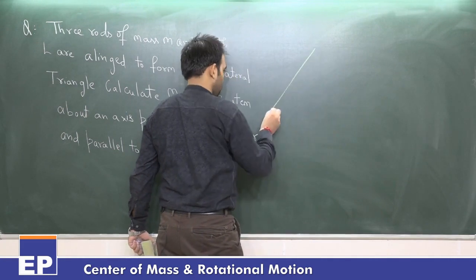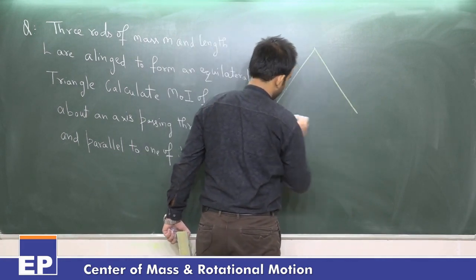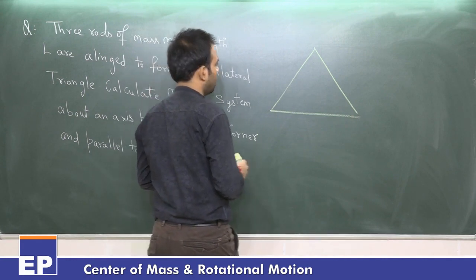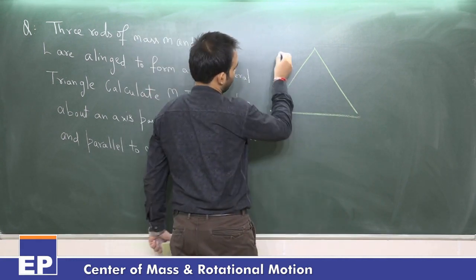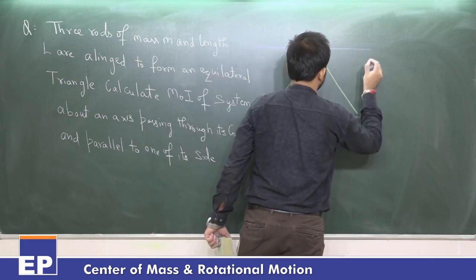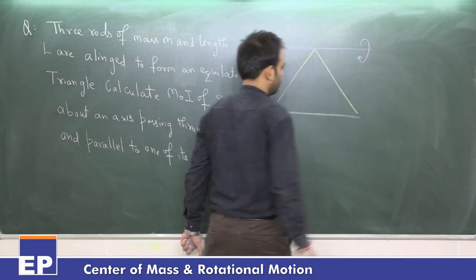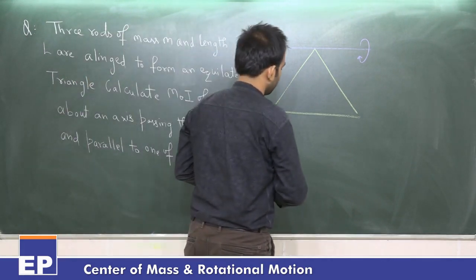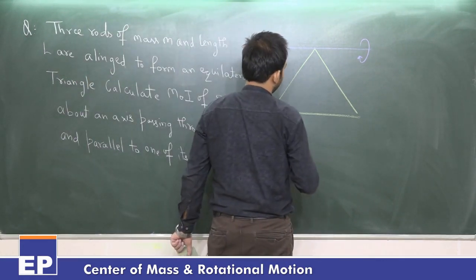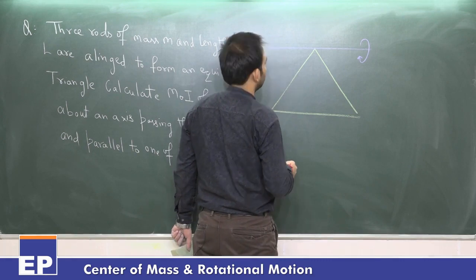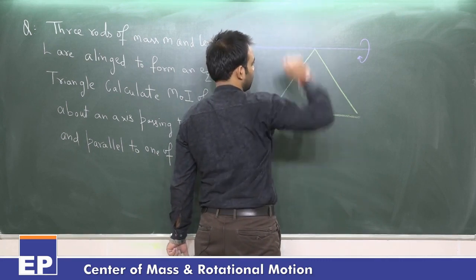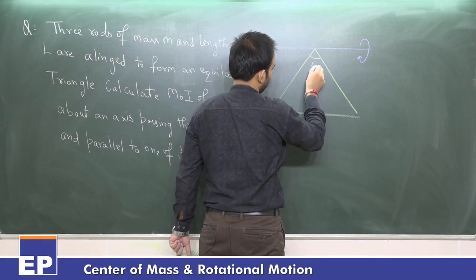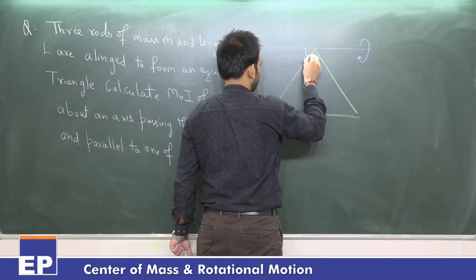This is the problem. This is the equilateral triangle, 3 rods of length L and mass m. We have to calculate the moment of inertia about an axis which is passing through this corner and parallel to one of the sides. Right? It is inclined at how much angle? This angle is 60 degree, this angle is 30.